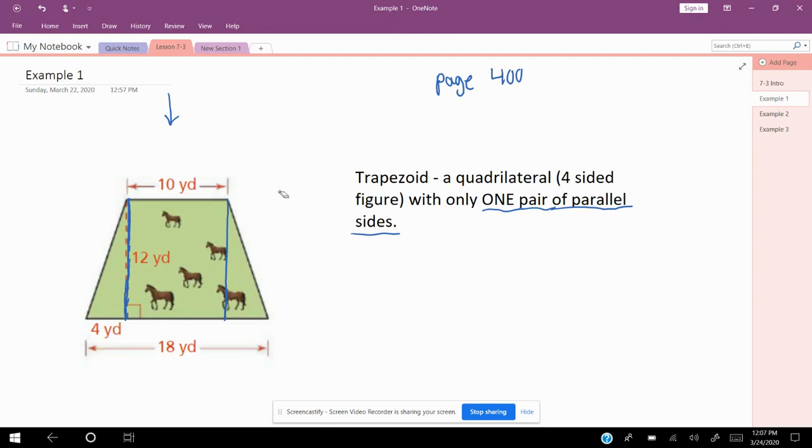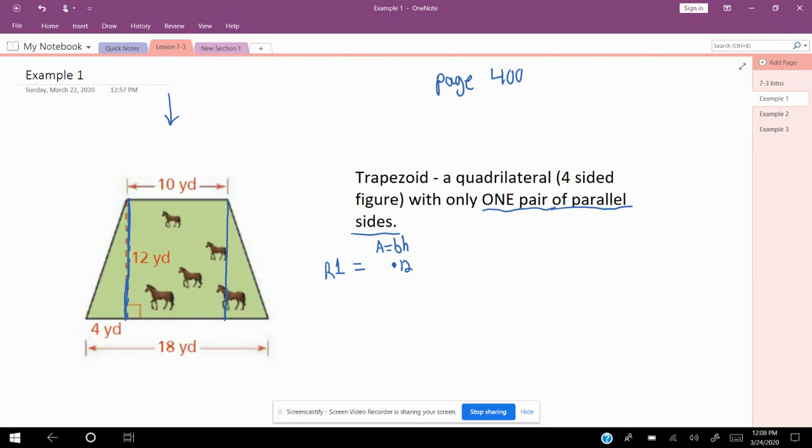So I know for my rectangle, I'm going to start there. All right, here's my rectangle. I'll call it R1 for rectangle 1. Well, I know to find the area of a rectangle, it's going to be area equals base times height for any parallelogram. So for this rectangle, I see the height's 12.